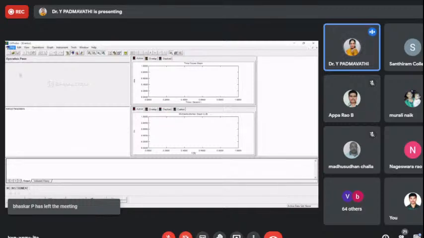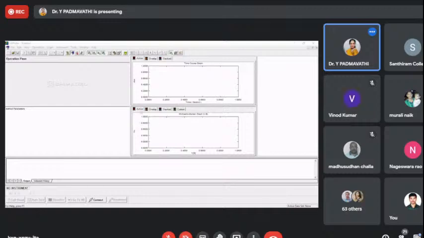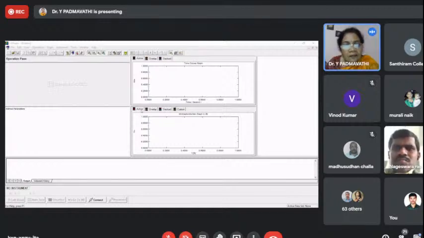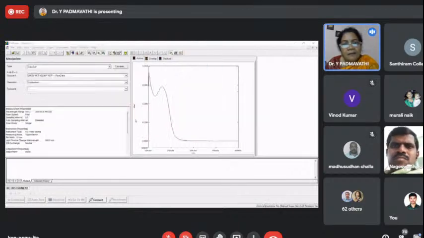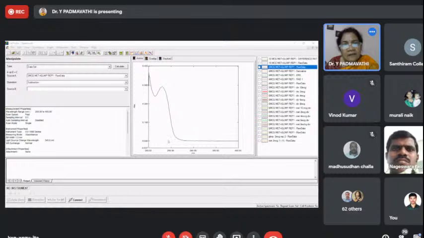Yeah, now I'll open the file. One more desktop. So I can take 4 microgram per ml. Oh, again it went back, so no problem.